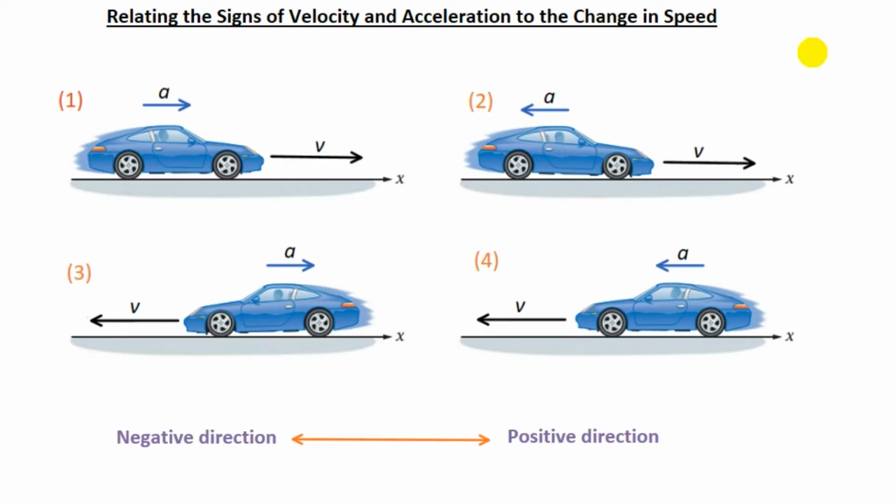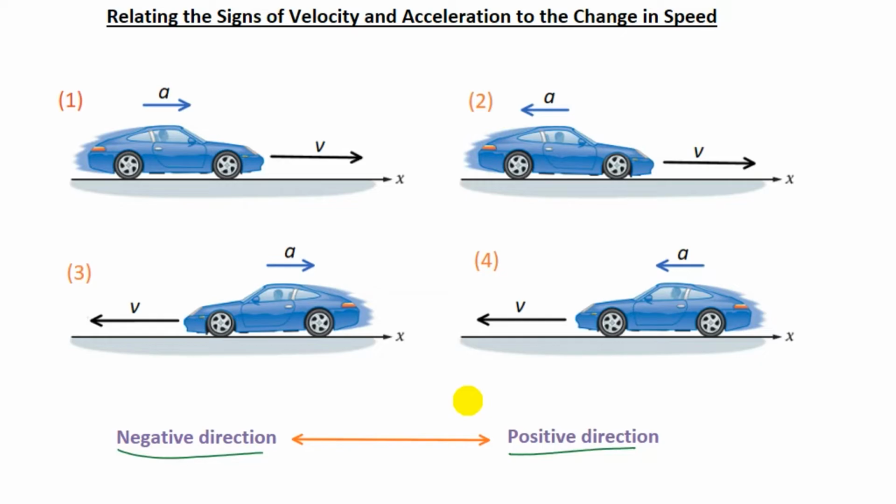Now in one dimension, velocity and acceleration may have the same or opposite direction. So let's discuss the different possible cases and their effect on speed. This direction we have taken to be positive and this direction negative.